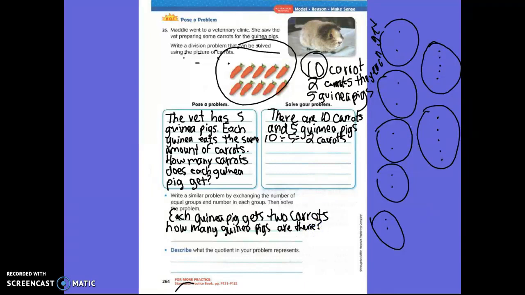Okay, then it says to solve. Now, it didn't tell us we had 10 carrots, but we know that there's 10 carrots from the picture. So 10 is the carrots, divided by each guinea pig gets 2. So how many guinea pigs are there?